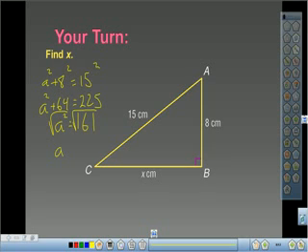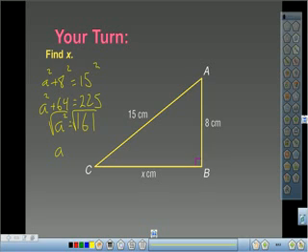Where is the hypotenuse always located? It's always C. It's always the longest side. It's always across from the 90. Has to be across from the 90.